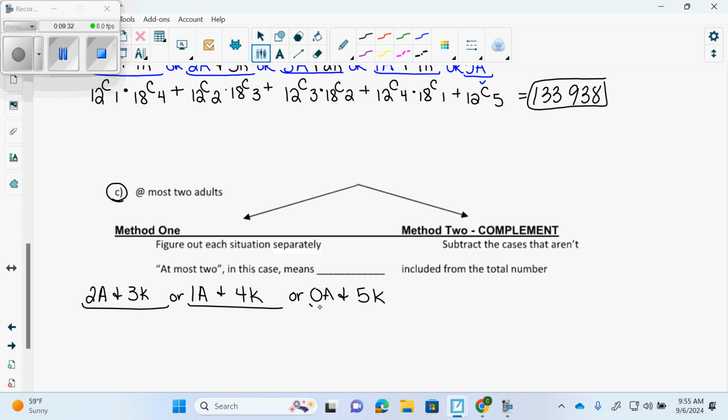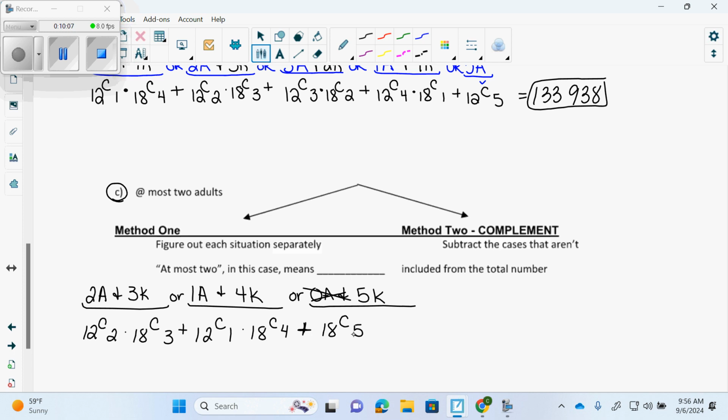Do I actually need to use the 0 part of the adult? Because 12C0 gets me 1, right? So I don't actually have to show this. If I do show that, does it hurt me in any way? No, you can go 12C0. It doesn't change the game. Okay? So this one here is going to be 12C2 times 18C3 plus 12C1 times 18C4 plus you could go 12C0 or we can go 18C5 just by itself.